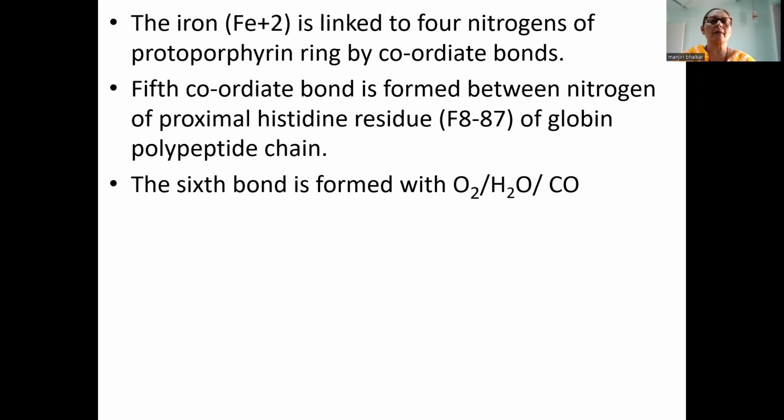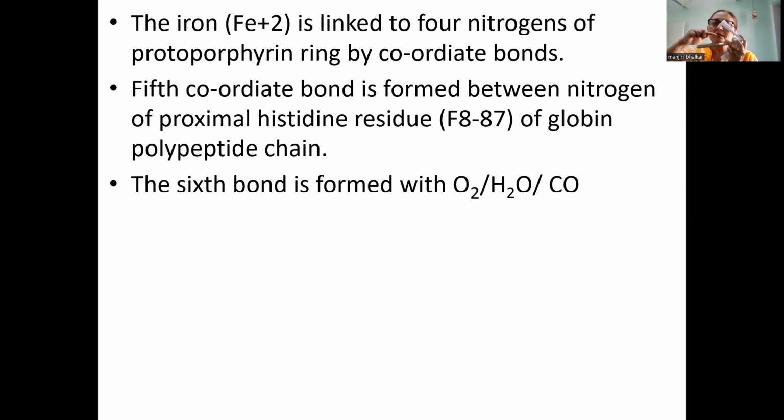For now, let us imagine the same structure again. This is a globin chain folded, forming a hydrophobic cleft, and in that cleft you have the heme ring situated. The heme ring is attached on one side to histidine number 87, and the iron is also linked to oxygen over here.